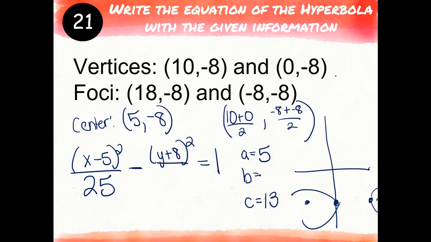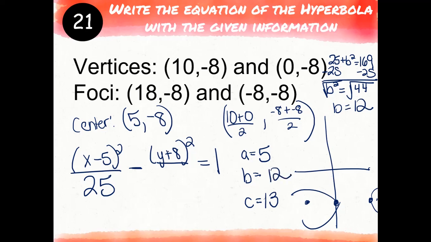So I could go a squared, 25, plus b squared equals 13 squared, which is 169. So I'm going to subtract 25 and solve for b here. 144. So it looks like b is 12 in this case. So underneath the y, I'm going to put 144 because it's squared on that term.